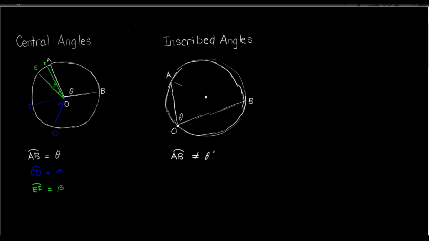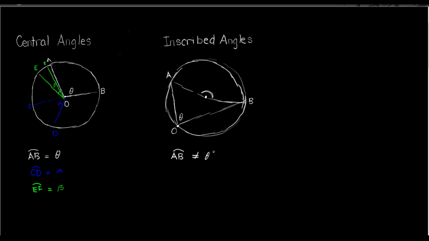It might be equal to this angle here, or actually it is equal to this angle shown here, the central angle subtending the arc, but it's not equal to theta. And it seems really obvious too, because obviously this angle up here does not look to be even remotely close to angle theta down here.